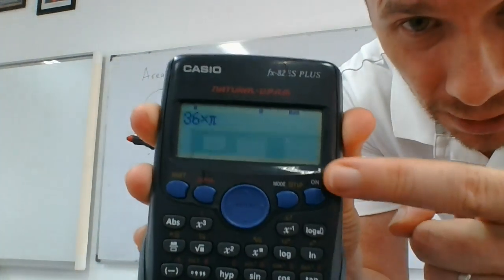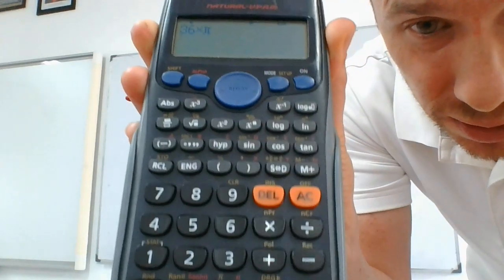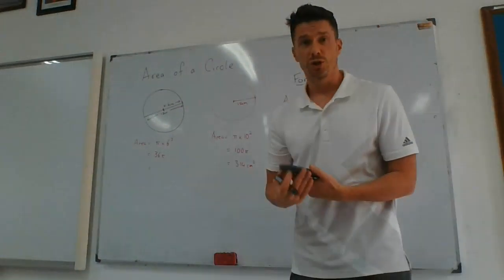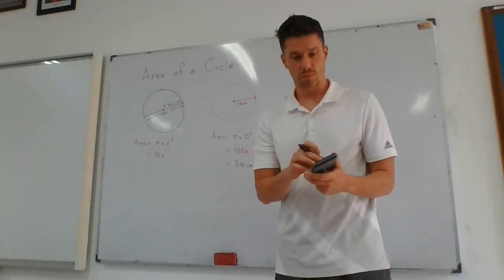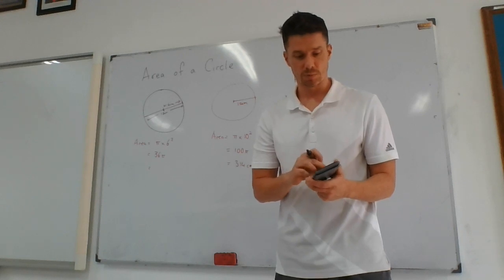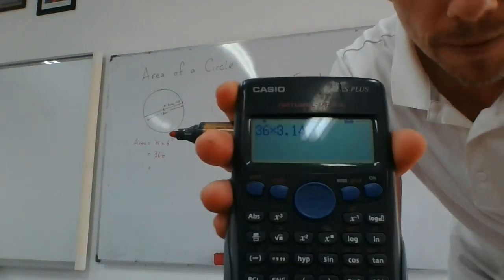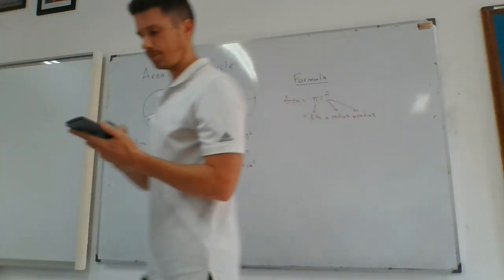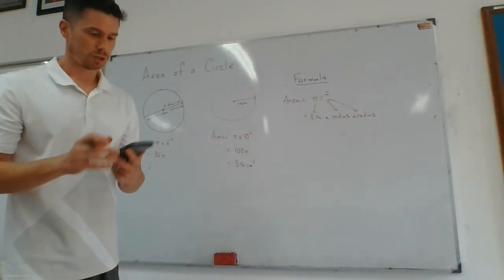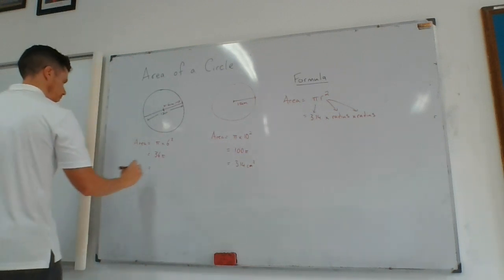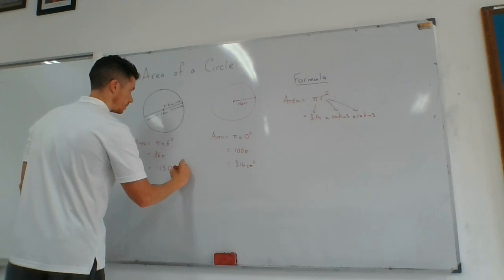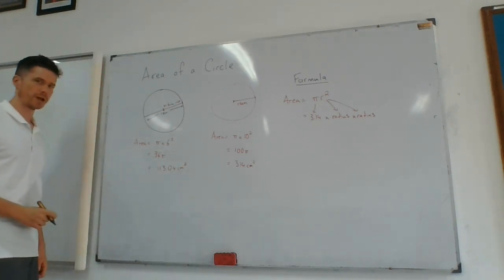So I've actually put pi onto the calculator, and it's just down here on mine, but if it's not on yours, just use 3.14. So I'm going to use 3.14 if I want to use pi. So 36 times 3.14, the decimal, 113.04 centimeters squared for an area.